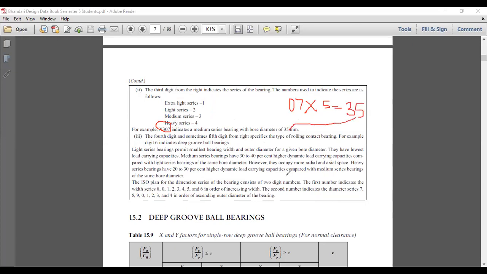So it is a bore diameter of 35 mm. This 3 indicates that it is a medium series, and X would be any type of rolling contact bearing. So if this X is written, then you can say that it is a rolling contact bearing. But for the last 3 digits, you can definitely give the answer that 3 is the medium series.